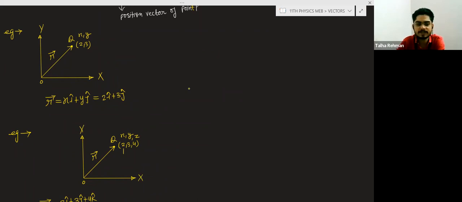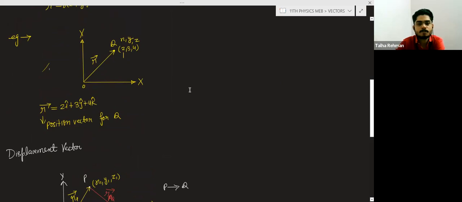The horizontal line is the x-axis, the vertical line is the y-axis.